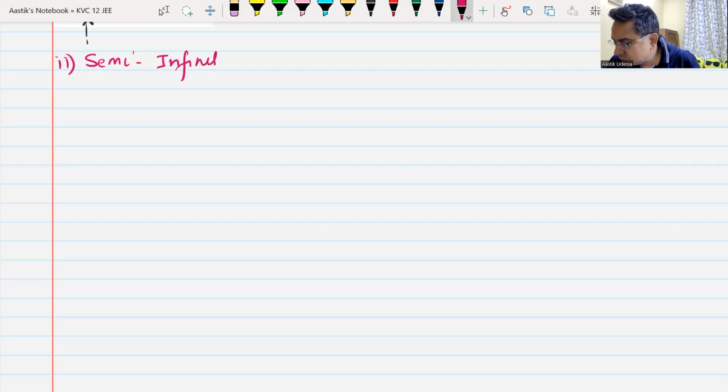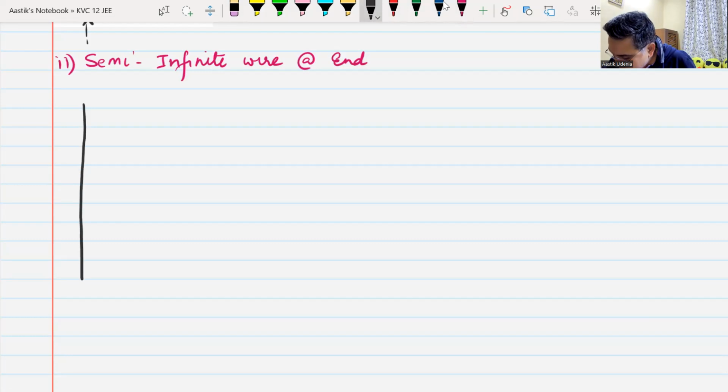Semi-infinite wire, at the end of the wire. Basically, what I mean to say is, I have a wire like this. It extends to infinity only in one direction, and in the other direction, the wire has an endpoint.